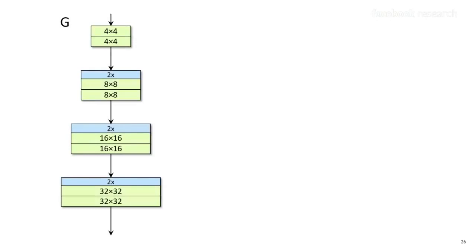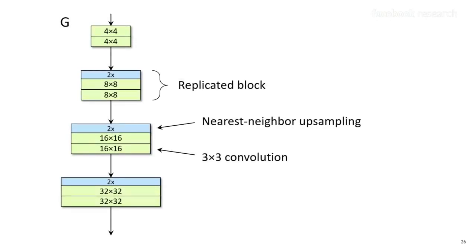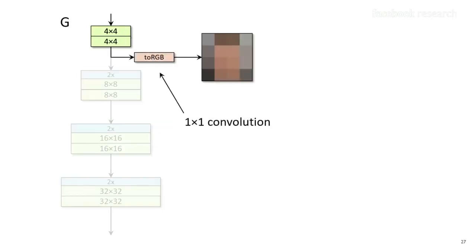Our generator is made up of these replicated blocks that consist of upsampling and 3x3 convolutions. We can extract a low-resolution image out of the network at any point by passing the activations through this 1x1 convolution.